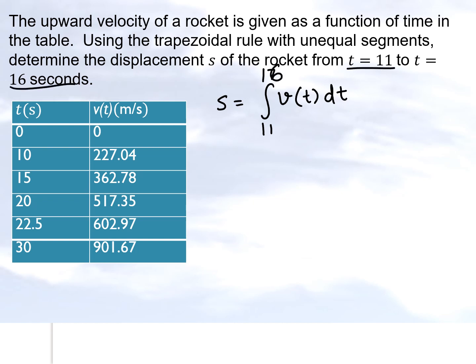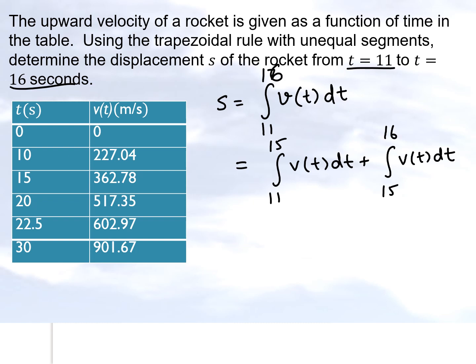So what we've got to figure out is how can we use this data to do so. Now keep in mind that we can break this up into two integrals. We can go from 11 to 15 of v sub t dt plus 15 to 16 of v sub t dt.